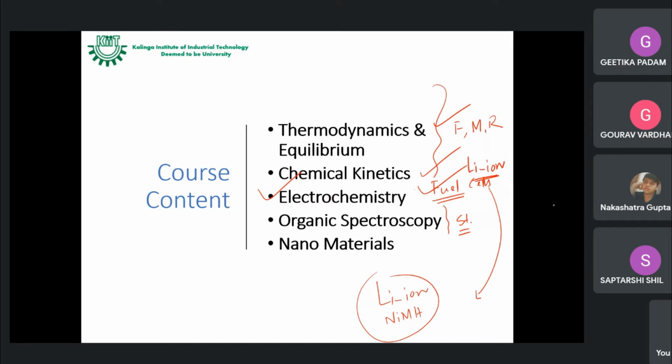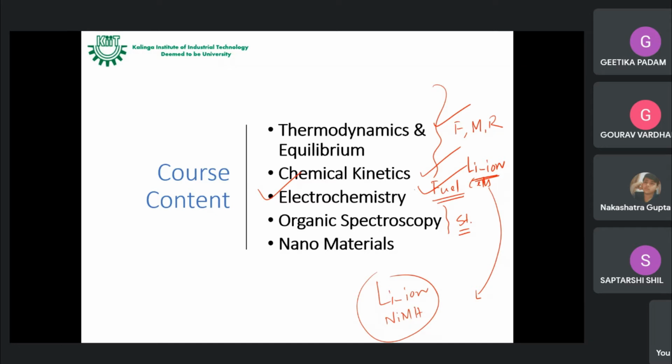And we are going to have a detailed discussion of these batteries, what are the updated materials we are using, and how we are trying to improve the efficiency and life cycle of recharging the batteries. These are all secondary batteries actually, lithium-ion, nickel metal hydride. These are rechargeable batteries. That means by connecting to a direct current source, you can recharge the battery for several cycles.